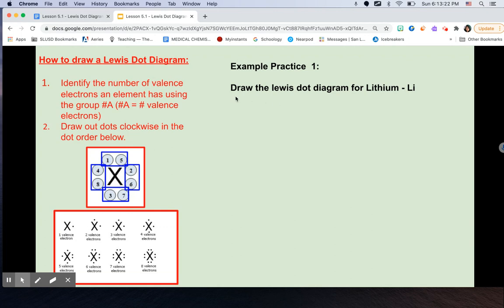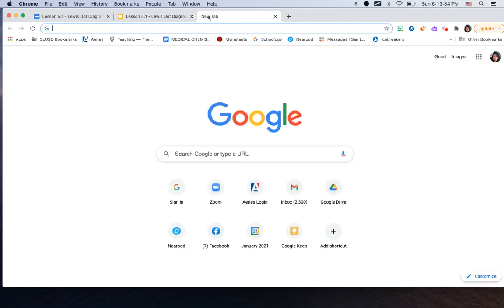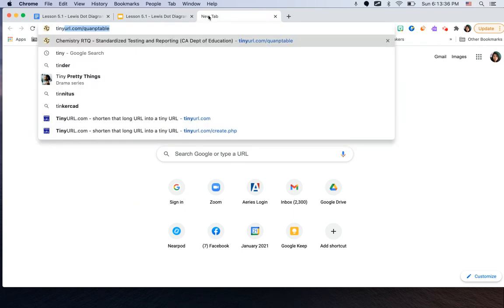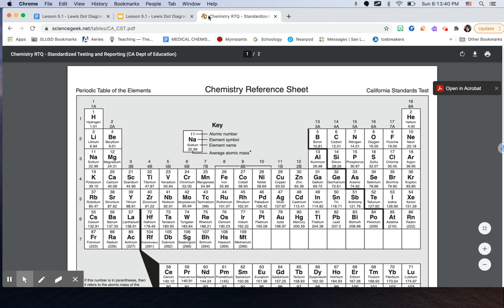So let's do an example here. Draw the Lewis dot diagram for lithium, or Li. The first thing I need to do is figure out how many valence electrons lithium, or Li, has by going to tinyurl.com/quantptable, or this site over here.